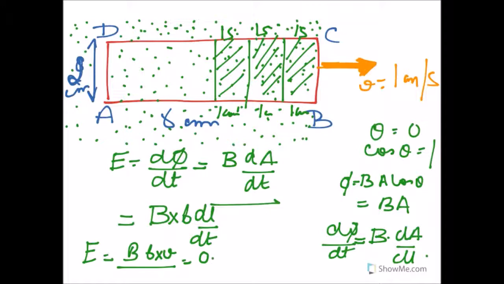Now putting the values of B as 0.3 into breadth remaining constant at 2 by 100 into 1 by 100. So we get 0.6 into 10 to the power minus 4 volts as the induced EMF.